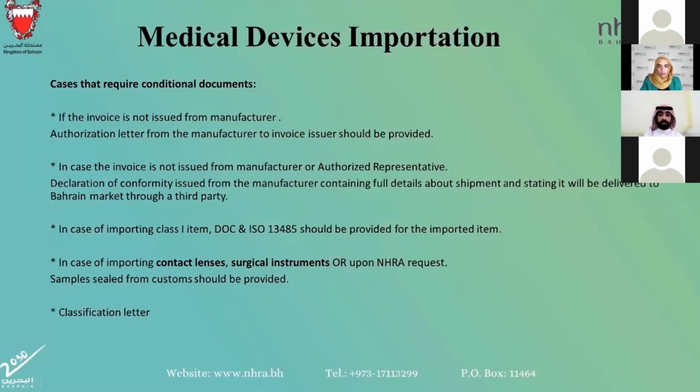As far as I know, a lot of certifying bodies are shifting now to NANDO after Brexit happened. So in case they still did not shift and they are under the UK only, will NHRA accept that notifying body? I don't think so. As long as it's NANDO, we are accepting. Okay. Thank you very much.